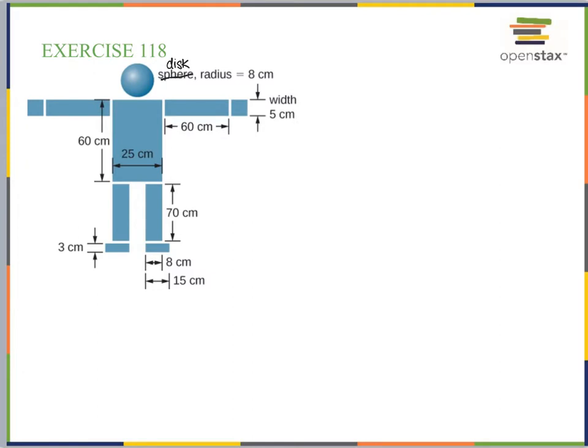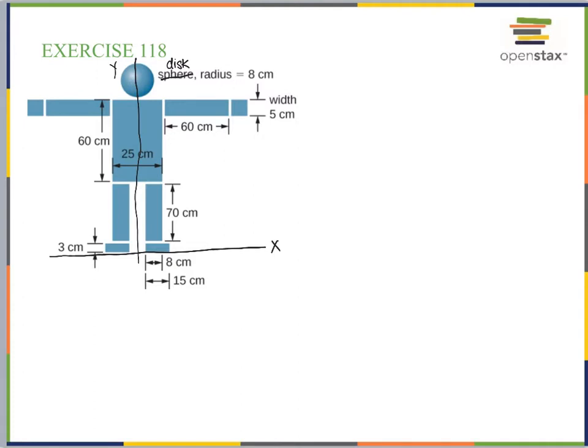If I wanted to find the position of the center of mass for this person, first of all, I've got to choose some place to put my x and y axis. So I'm going to put the y-axis right down the middle, and the x-axis I'm going to put at the bottom of his feet.